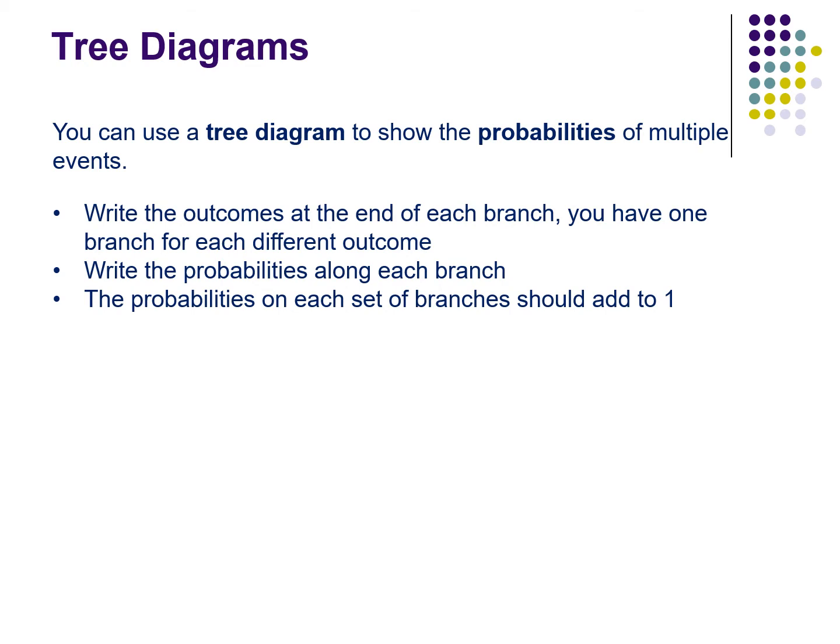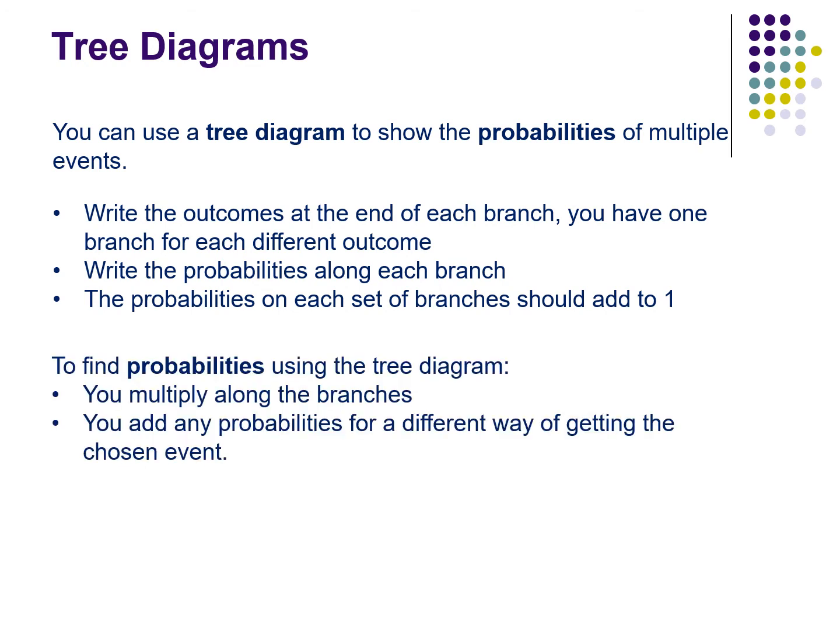Okay. Now, to use our tree diagram to find probabilities, as we travel along our branches to get to the outcome we're interested in, we multiply any of the probabilities that we come along. And the reason for that is when you multiply probabilities, you're saying the probability of that happening and the probability of that happening.